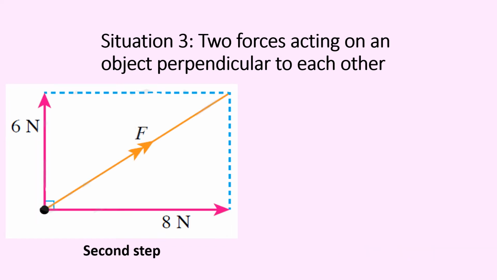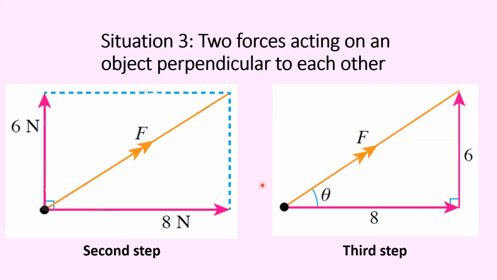Now, after you have drawn the resultant force like this, what I want you to know is that there's actually another way of drawing the same graph. That means these two pictures are actually the same. The only difference is that you simply move this 6 Newton here to here.